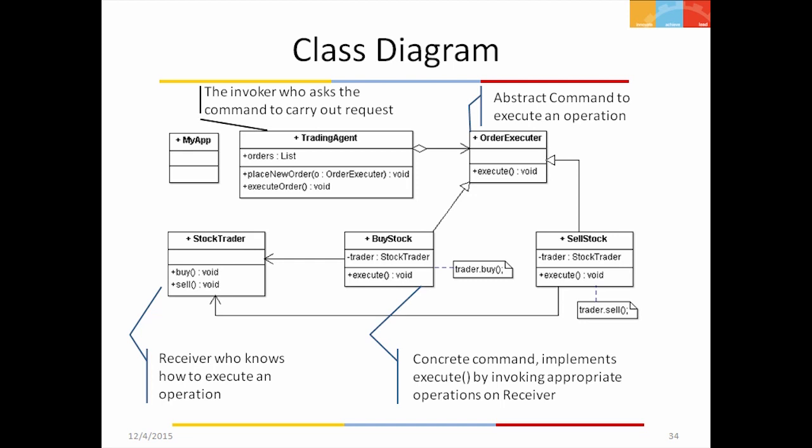So it's basically a stock exchange, for example. The stock exchange actually knows how to buy or sell a stock. So the core algorithm of actually buying or selling a stock is there with the stock trader, with the stock exchange.